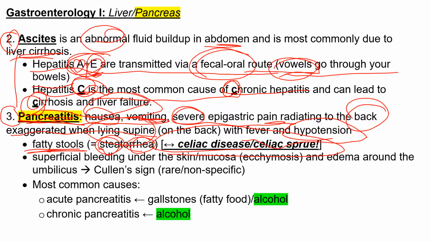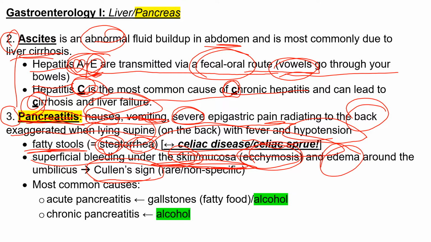All right, so superficial bleeding under skin is sometimes seen in about 1% to 3% of patients with severe pancreatitis, and this is called Cullen's sign. These bleedings are rather large, ecchymosis, more than one centimeter. Ecchymosis, we had that in week 1, and there are skin or mucosal bleedings.